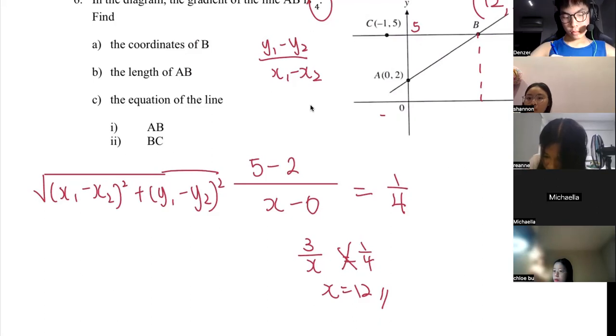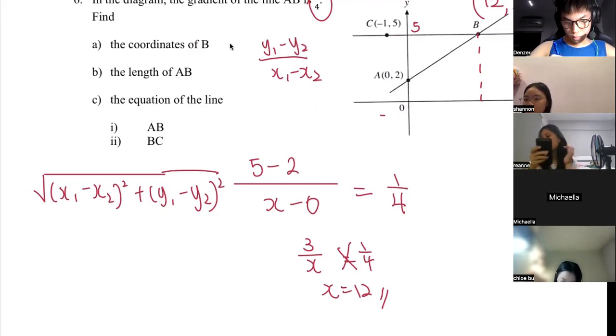Okay, very good. Shannon is the first one again. Denzel, I see you press calculator already. Michaela and Chloe can get or not? Rian?